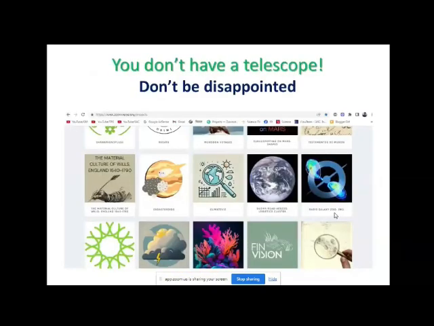But you may not have a telescope. Many have a telescope, but not everyone does. So don't be disappointed. You can go through the website universe.org. There are several projects, not only in astronomy. There is a biology project and a chemistry project. A lot of projects are there, and these are scientific projects.